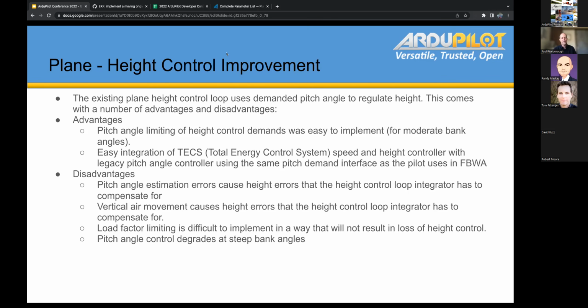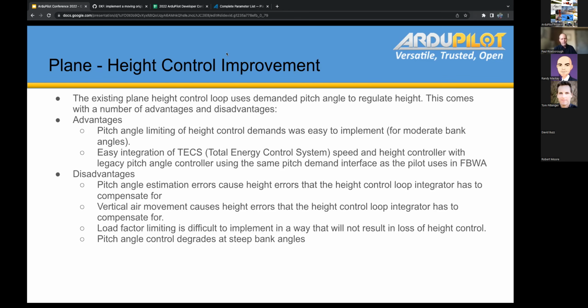we had this interface, which the idea was to use the interface used by the human pilot. Human pilots in FBWA have control over throttle and demanded pitch angle, and that was the interface that we would use. It was very clean, so we could switch TECS in and out, nice and easy to integrate.